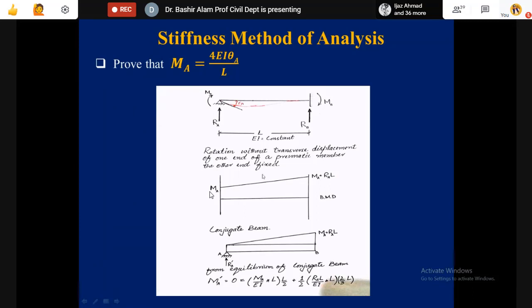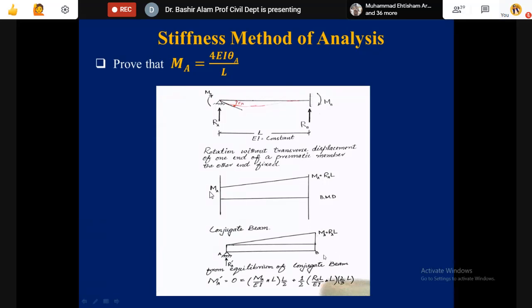The bending moment diagram is becoming a trapezium. Why are we drawing it? Because we need to make a conjugate beam and load it with the M over EI diagram. EI is constant. In the conjugate beam, we have a hinge support, so hinge is converting into hinge, and fixed is now becoming free.